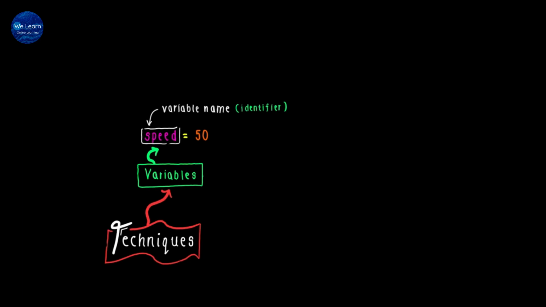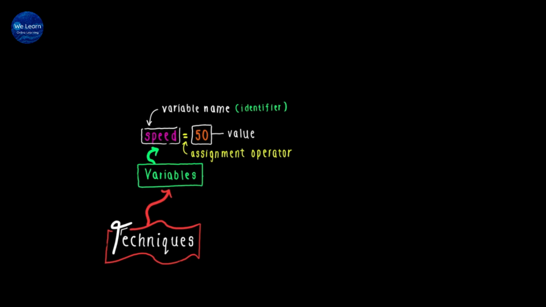If I break this down, speed is the variable name, and you also call this the identifier. Then you have the assignment operator, that is just the equal sign when you consider Python, and then you have the value, which is 50. So basically the value 50 is now assigned to a variable called speed.